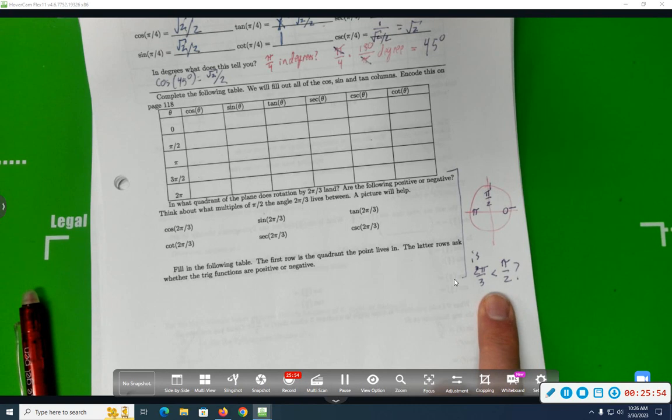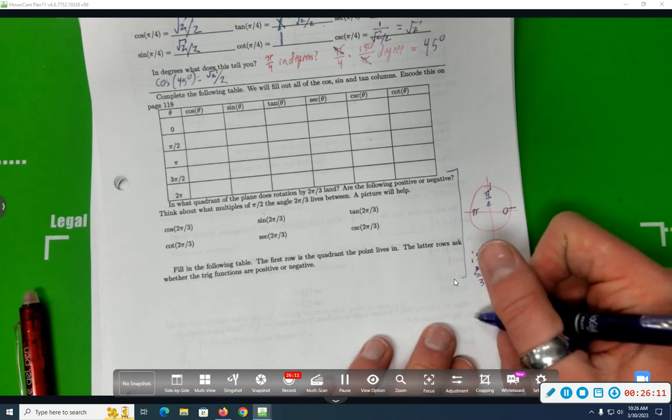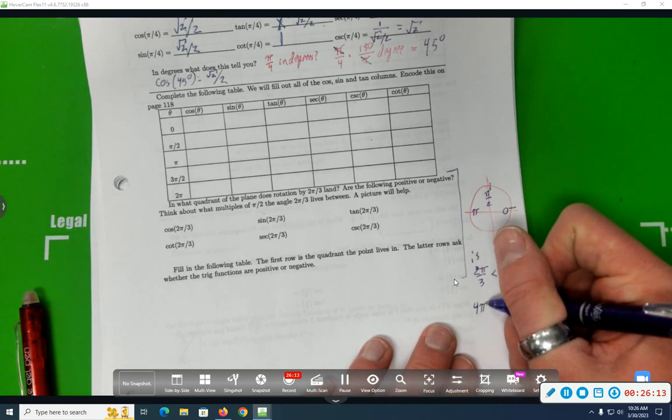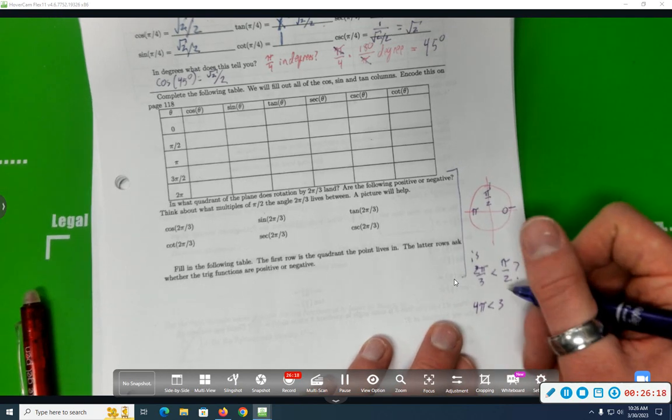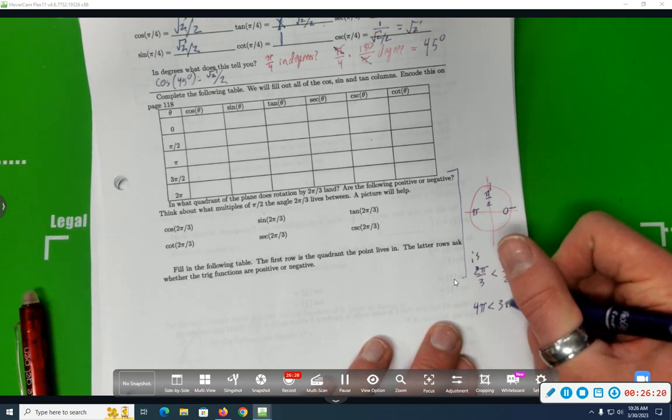So there's a fraction. I would like to know whether or not it's true. Let's figure out whether or not it's true by simplifying. Could I clear denominators here? Yeah, the denominators are all positive, so I won't be multiplying by a negative, which would screw up an inequality. So let's multiply those over. That'll get me 4 pi is less than 3 pi, because 2 times 2 is 4 and 3 times pi is 3 pi.